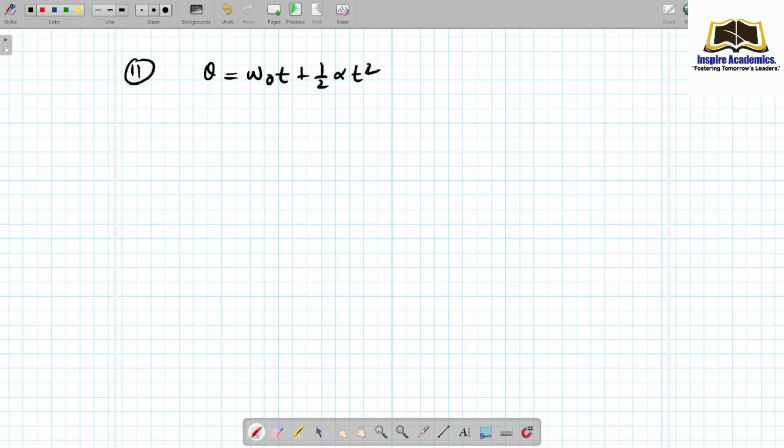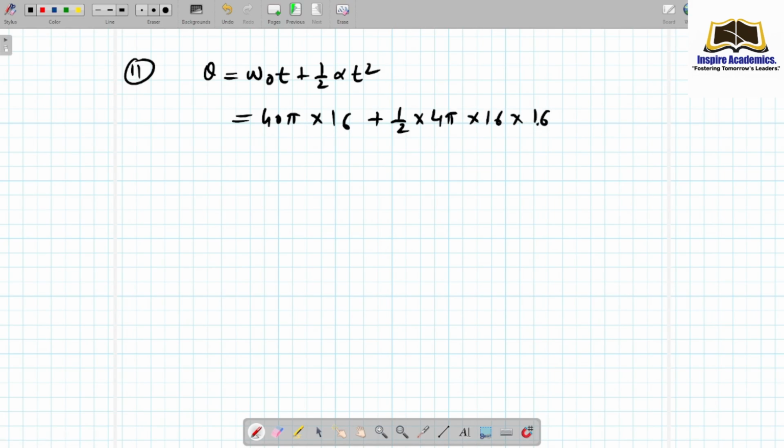So omega naught t is 40 pi multiplied by 16, plus half times alpha, which is 4 pi, times t square, 16 times 16.